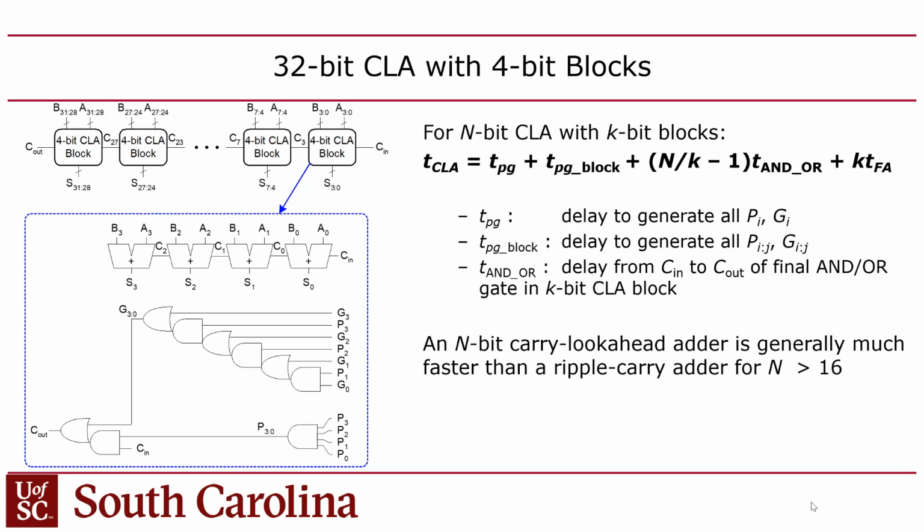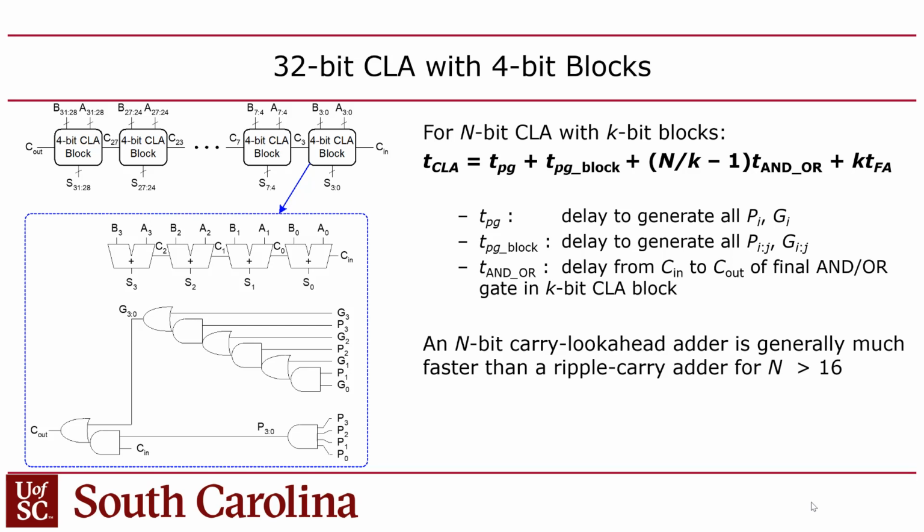And then this is the sequential part, n divided by k minus 1, which is the number of these you have to go through. That's going to scale with the number of blocks, but it's scaling at n divided by k, where n is the total bits and k is the block size. So if it's a 32-bit adder, you only have to traverse 32 divided by 4, so 8, actually 7.